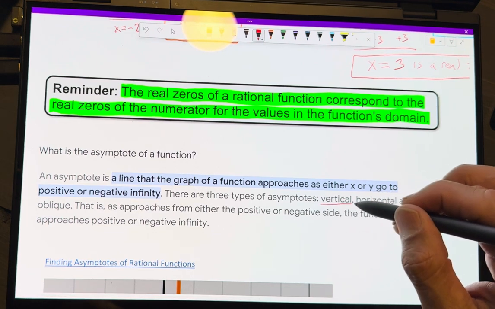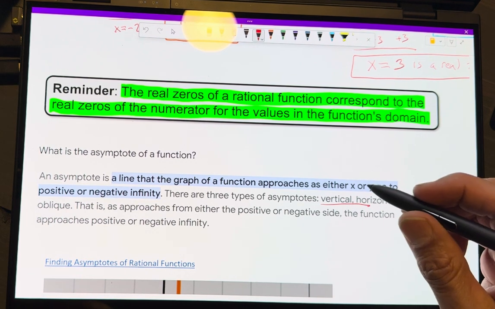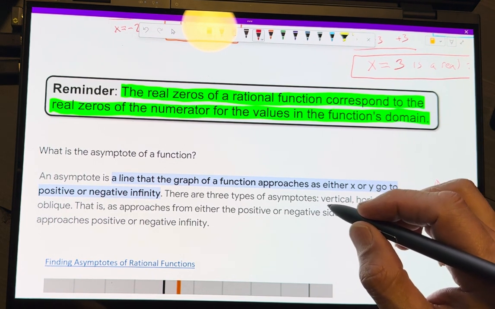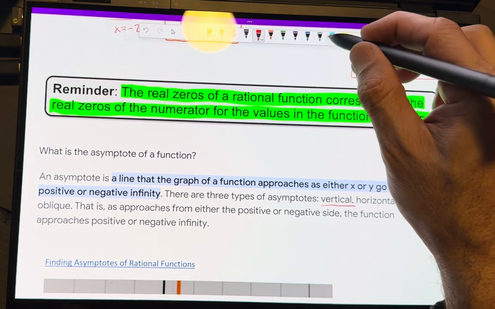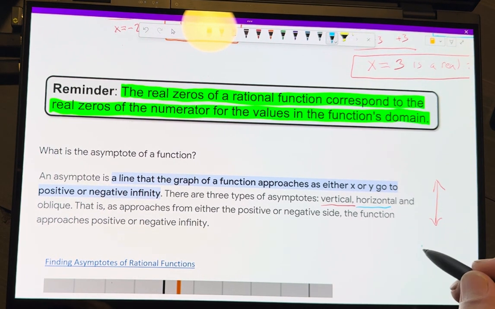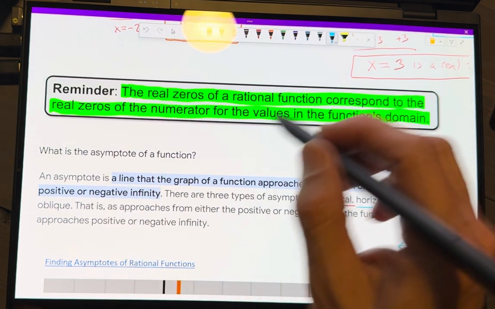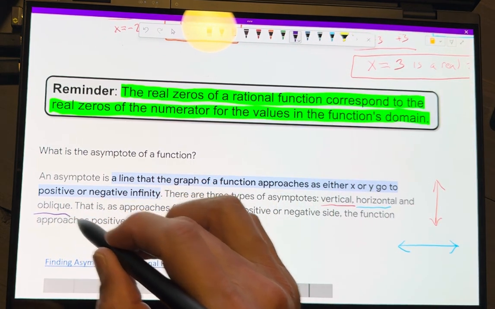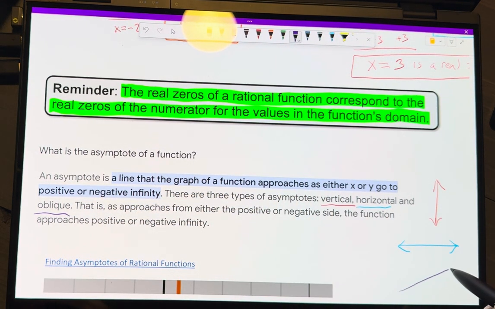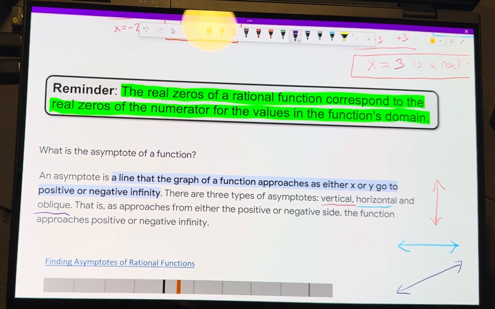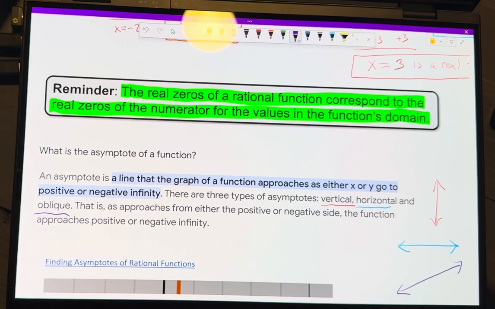So that's a vertical asymptote. A horizontal asymptote will go sideways. And an oblique. We saw this last week where it will seem to go across both the x and y.